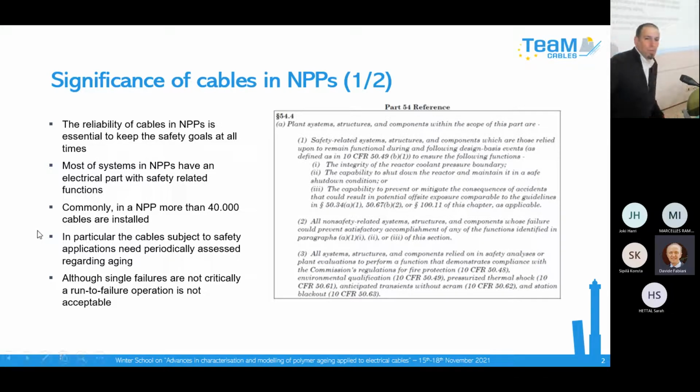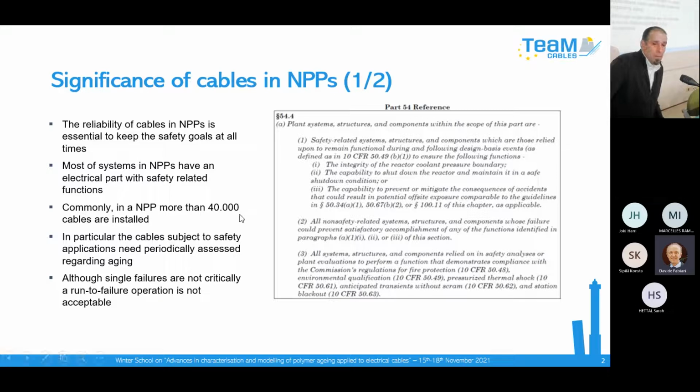And a problem of the power plant, and we heard this in other presentations, is that we have to deal with a huge number of cables. Each electrical system consists of cables, and we have to deal with about 40,000 cables per unit.